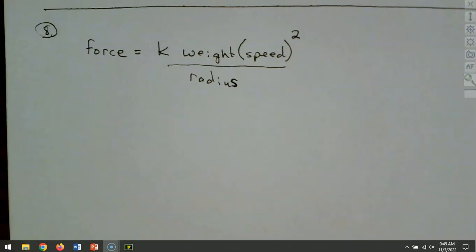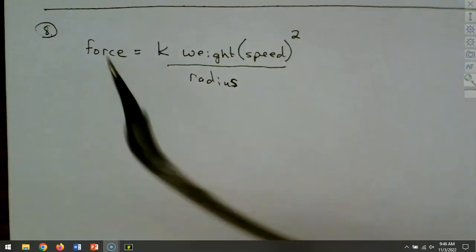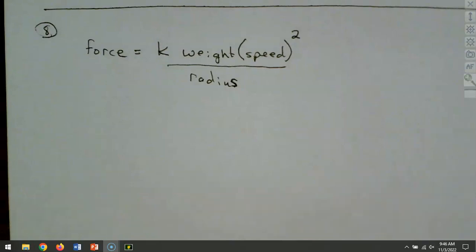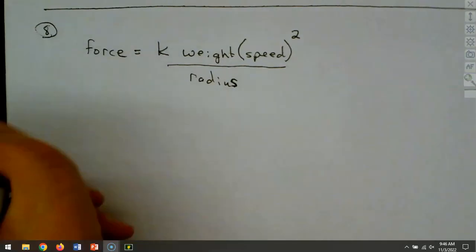Now, K can change, because one day it's different from another. That K would be different if you're on a road when the pavement is dry versus when it's really wet, or maybe it's icy out. That would make the K change. So we have to find the K based upon those conditions and then evaluate it with a new force. You'll see how it's done in just a moment. So we've got our formula set up, and we need to find our K. So what do we know? The force is 3,600 pounds.